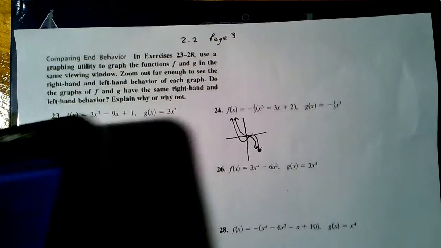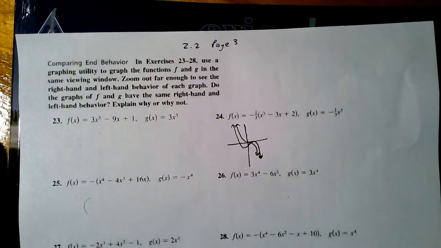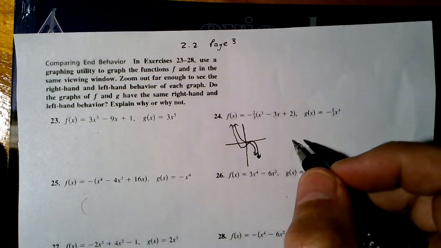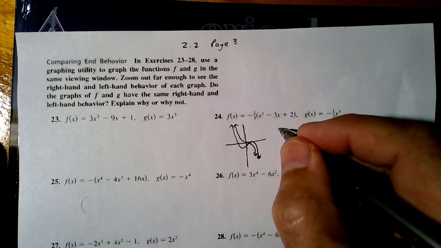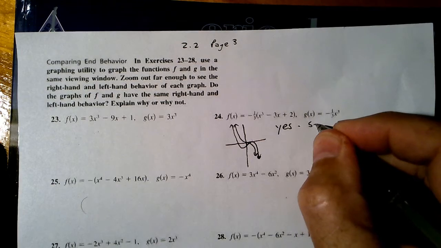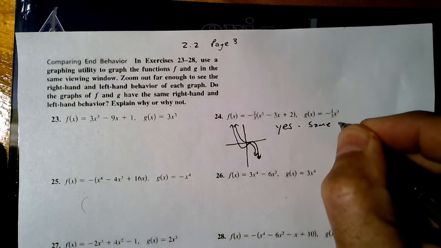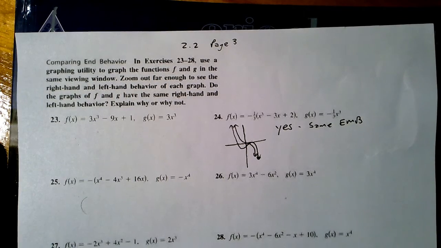So there's our graph. Zoom far enough out to see the end model behavior. Do the graphs have the same? Yes, they have the same end model behavior. And explain why or why not.